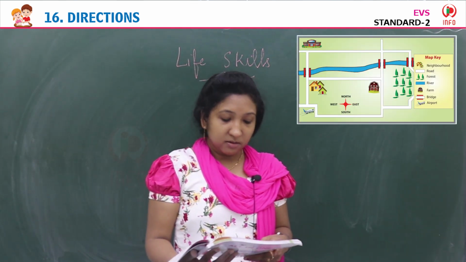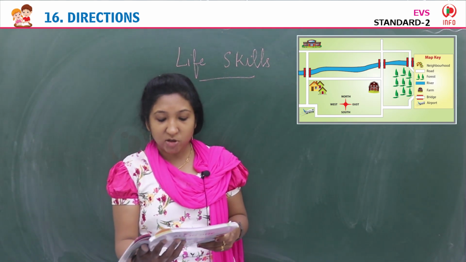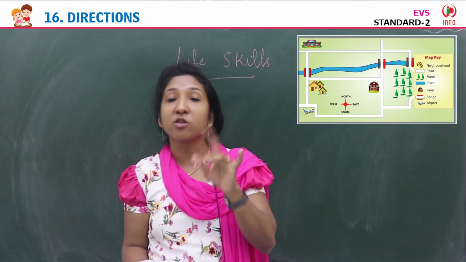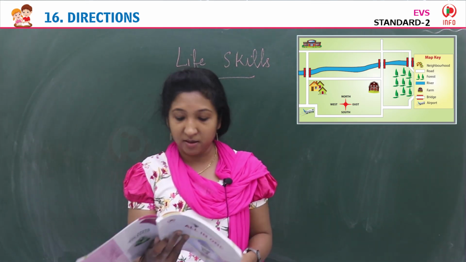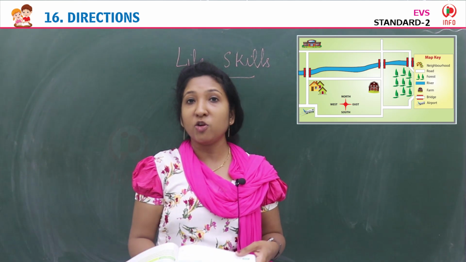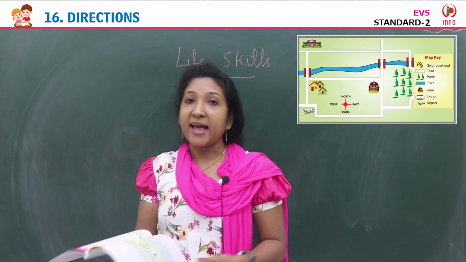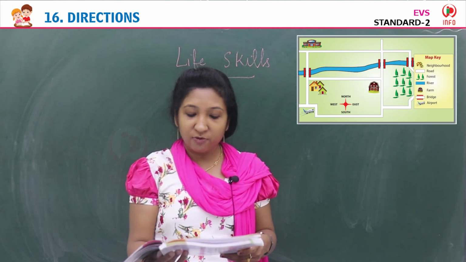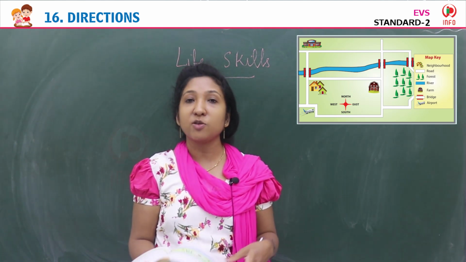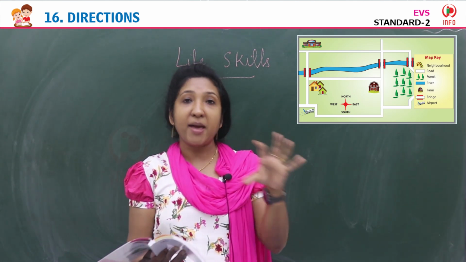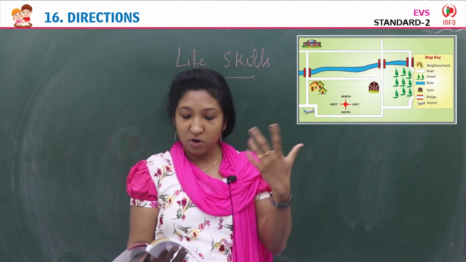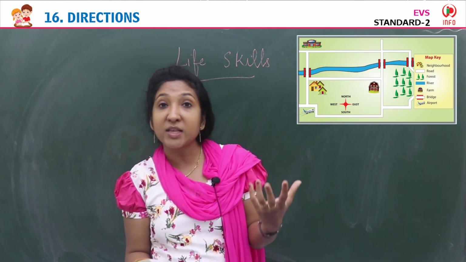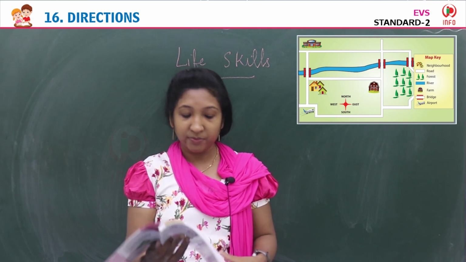Life skills. Do you want to know on which direction your school lies on a map? Here is the information. Maps often use symbols instead of words to show clear direction. So in all the maps, we use symbols to show the directions, not words. So if we are using symbols, it is easy to find.